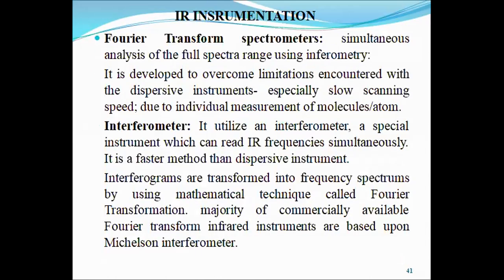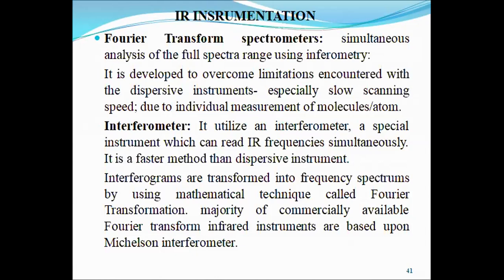Now, the Fourier transform spectrometers are the most important. Why are they so important? The simultaneous analysis of the full spectral range using interferometry is done through FTIR. It was developed to overcome the limitations encountered with dispersive instruments. Especially, dispersive instruments are slow, due to individual measurement of molecules or atoms.